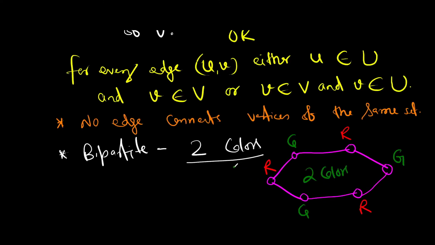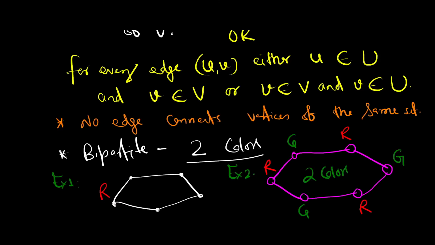Take another example. So consider this example 2, and try to color this particular graph using two colors. So this is one vertex, this is the second vertex, this is the third vertex, fourth and fifth. Suppose you are taking red color first.